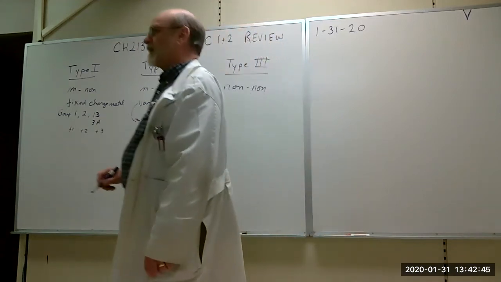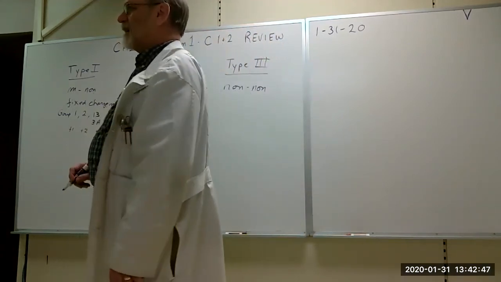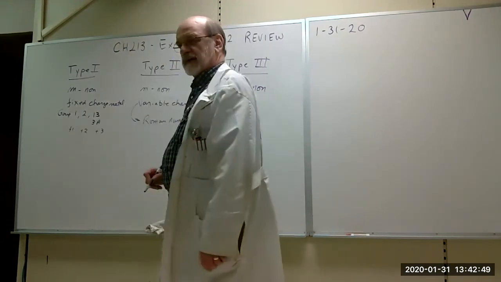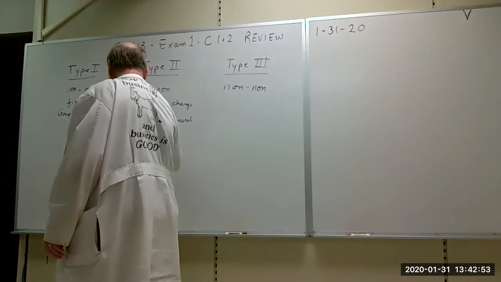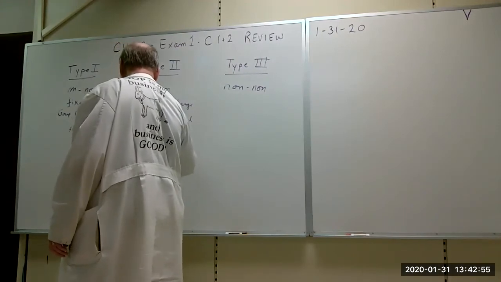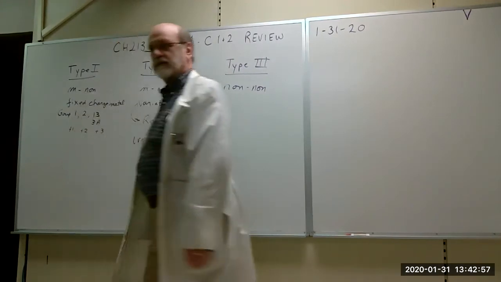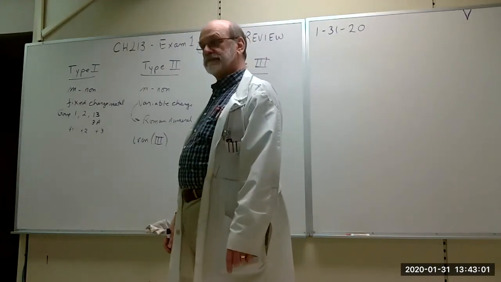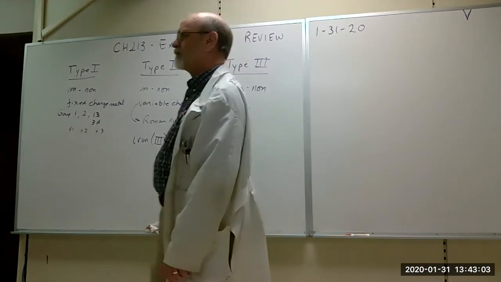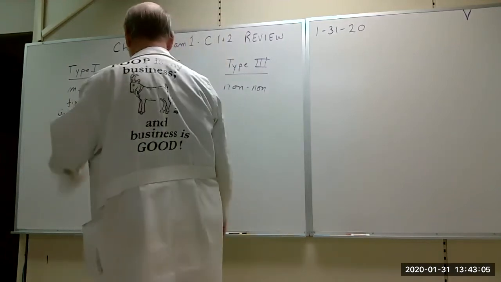So if we had something like a 3+ charge on our iron, we would start it off with iron 3, and then whatever the anion was. Let's see, just think of an example. Iron 3 chloride.